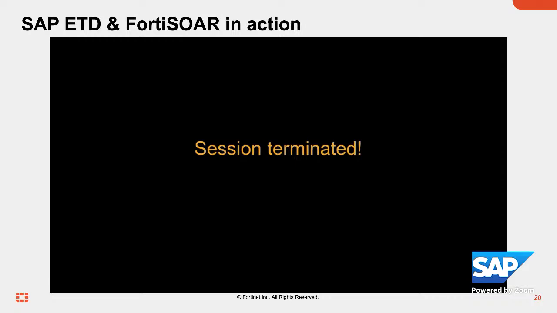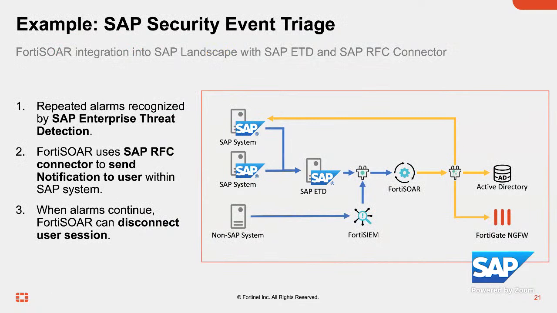That was just a very basic example of what you can do. There are even more possible scenarios. Again, what we showed you is this very simple attack vector: someone is doing something, ETD recognizes it and raises an alert, and we just, for example, send that pop-up or lock that user out of the SAP system. But what else could be happening with these playbooks, as we have these broad integrations?